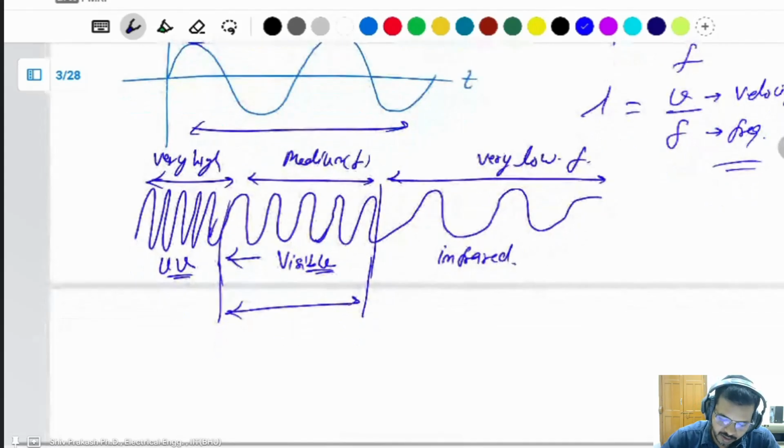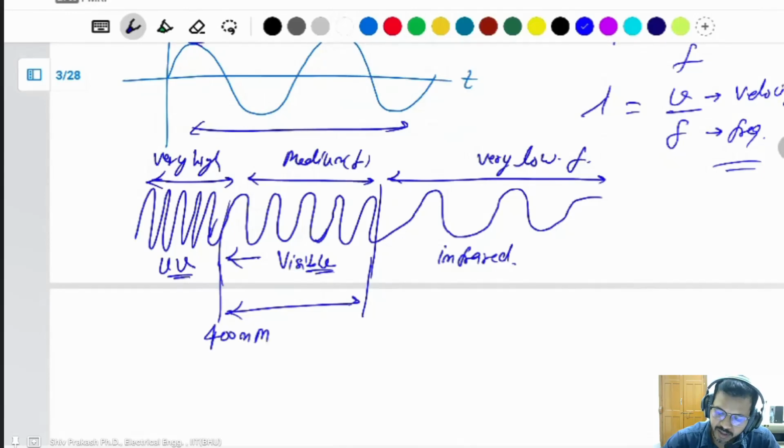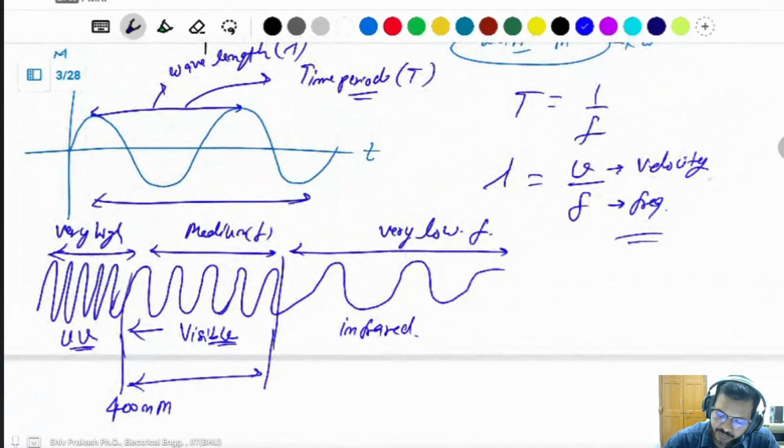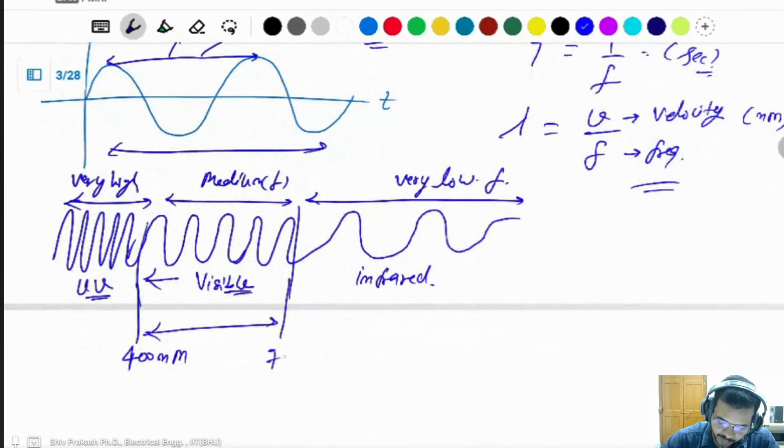Its range is approximately 400 nanometers. Wavelength is measured in meters, nanometers, while time period is measured in seconds. This will be in nanometers, 400 to 700 approximately.